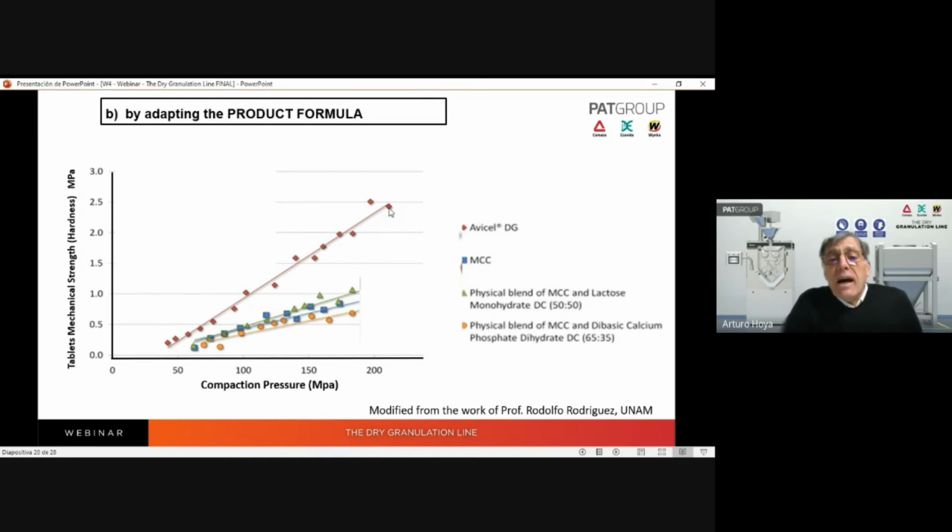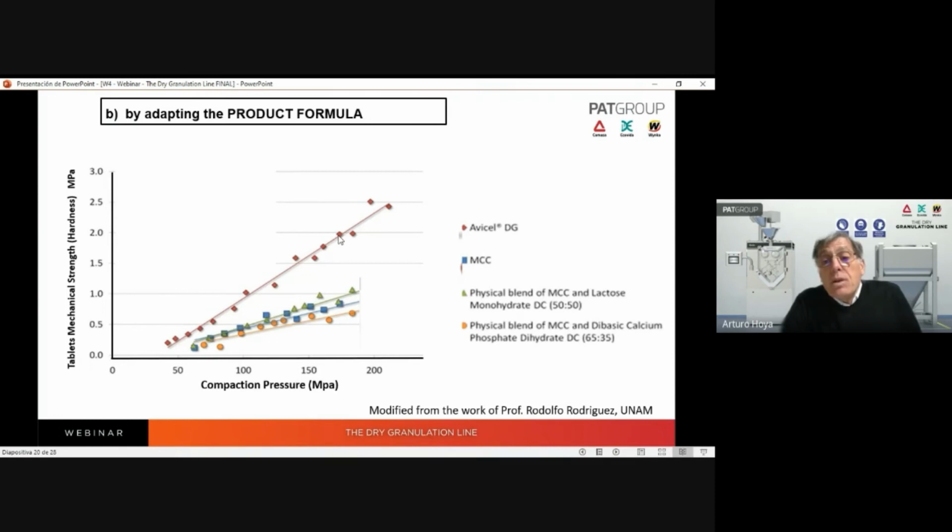This Avicel DG is a brand of FMC, the company, that is a co-processed between Encompress 25% and microcrystalline cellulose, and of course this performance is very important.